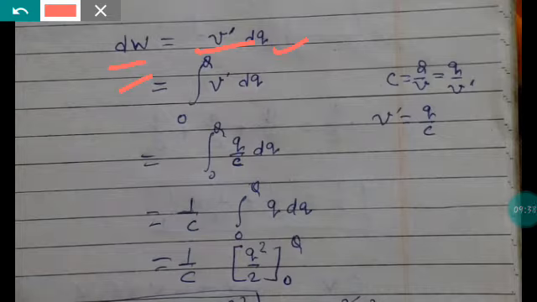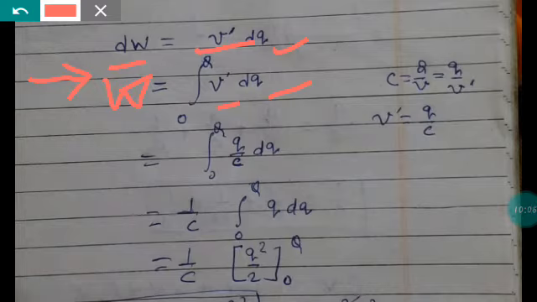Now in the second term you will write here integrating. After integration it will be W, integration lower limit is 0 and upper limit is Q. The charge will move from 0 to maximum Q, V dash into dq.